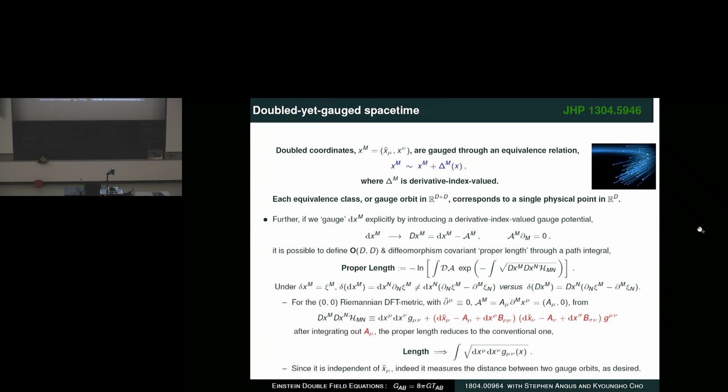It's also easy to show that if we plug the (0,0) Riemannian DFT metric into this expression, then after integrating out the auxiliary gauge potential, this definition of the proper length reduces to the conventional one in Riemannian geometry. And since it is independent of the tilde coordinates, it indeed measures the distance between two gauge orbits, which is of course a desired property.